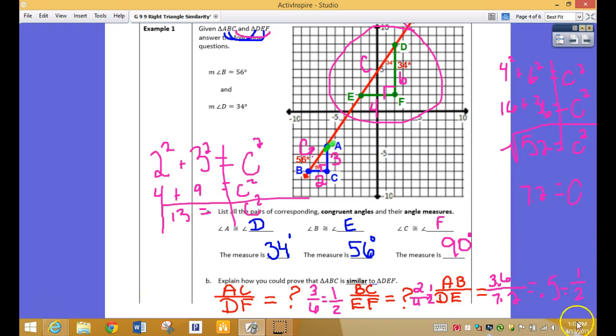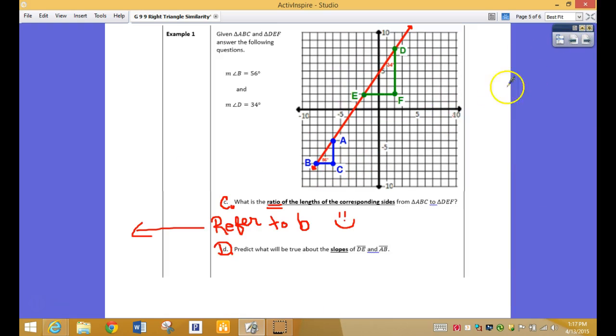So we just proved that these are similar because all their sides are proportional. So then they ask us right here, what is the ratio of the lengths of the corresponding sides? We just figured that out. What was the ratio we came up with? 1 to 2, 1/2. So our ratio is 1 to 2.